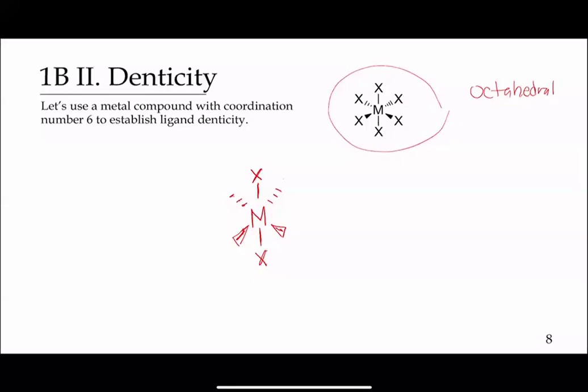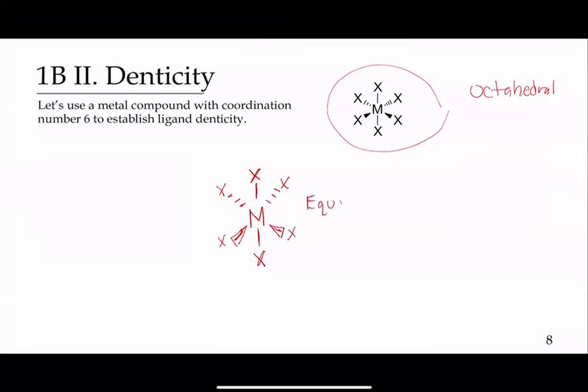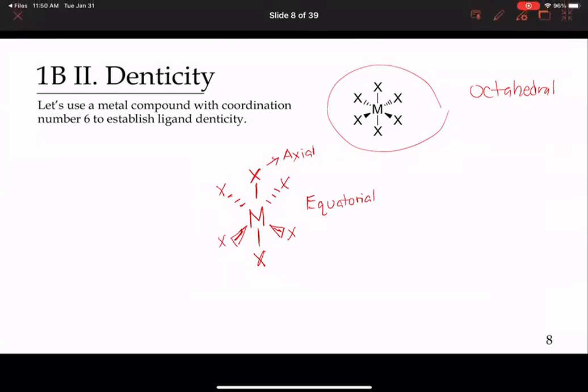Now we're going to put those four remaining atoms as so, and that gives us those atoms in a position referred to as equatorial. So this would be equatorial. And then those other two atoms that are on the plane of the screen, that's the position called axial. We're going to review this in a moment, but I wanted to emphasize it so that this doesn't appear as something random.